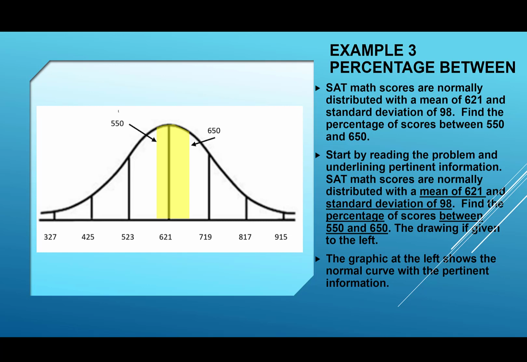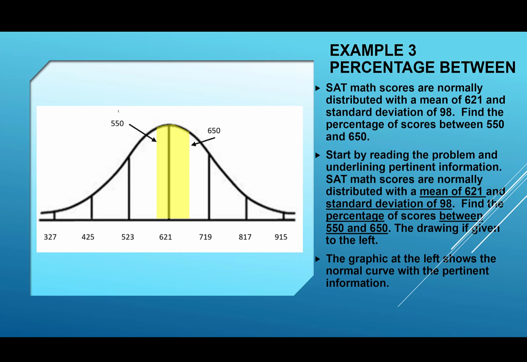Our third example is a percentage between two data values. The problem states that the SAT math scores are normally distributed with a mean of 621 and a standard deviation of 98. We want to find the percentage of scores between 550 and 650.